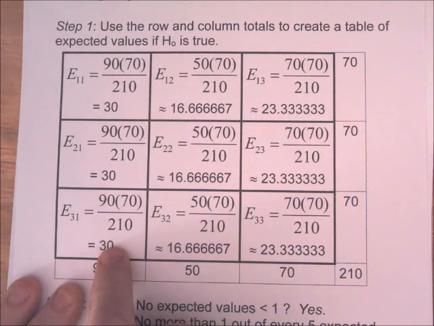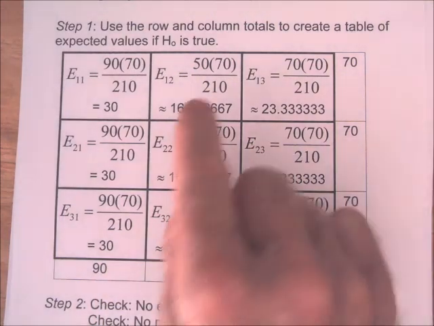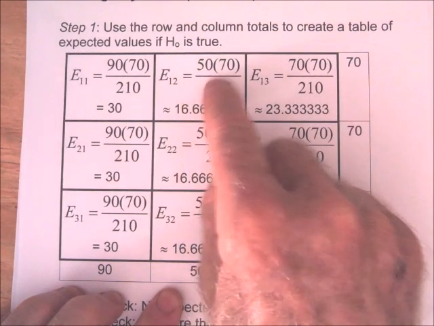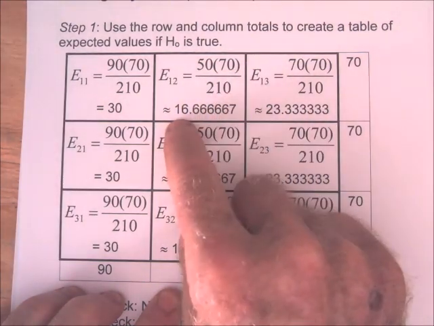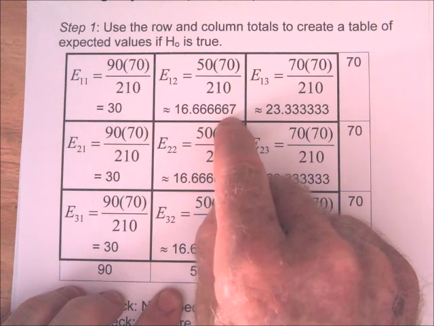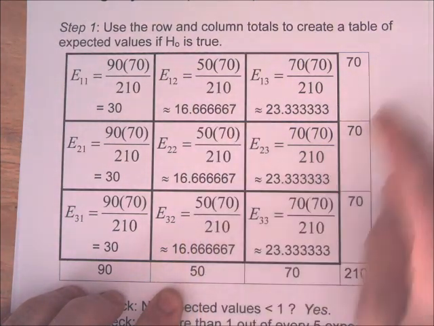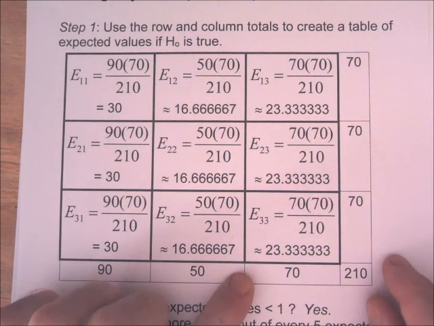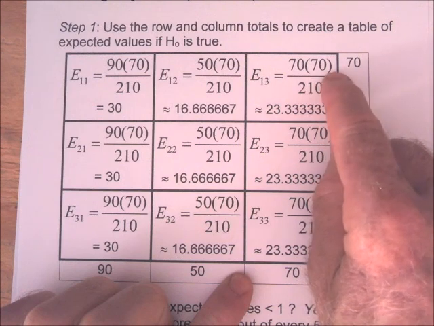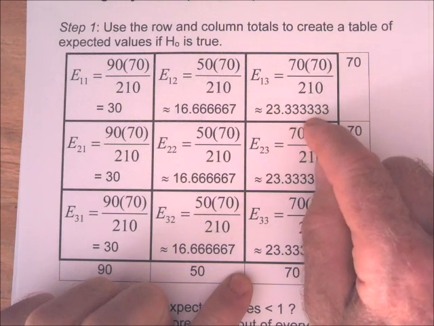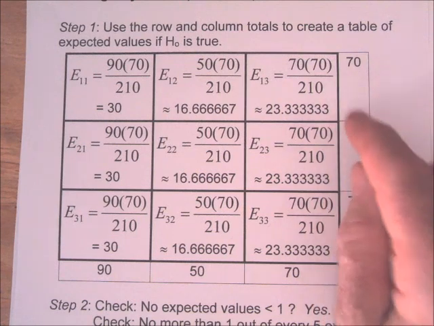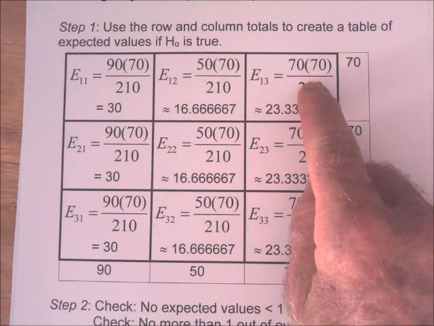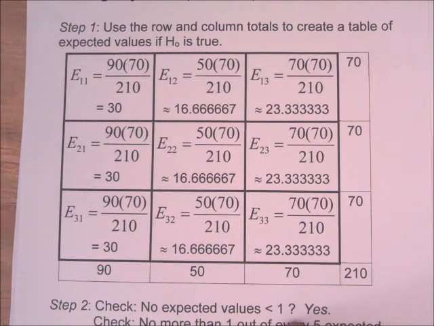The second column, the column total is 50, the row total is 70. 50 times 70 divided by 210 is 16.6 repeating. That's the same for each because the row totals are the same. And then the third column, 70 times 70 divided by 210 comes out to be 23.3 repeating. Again, that's the same for all of these because the third column has the same row total and the same column total.